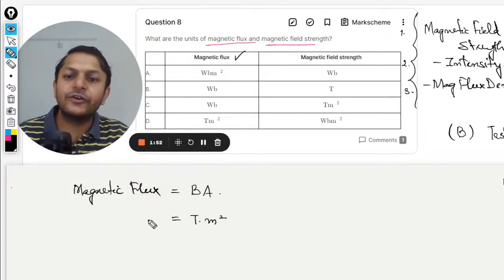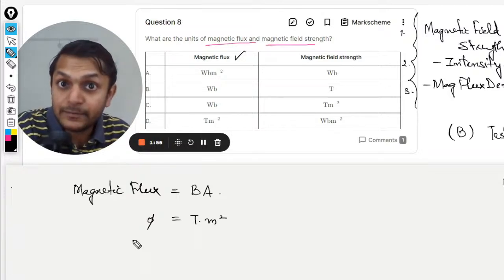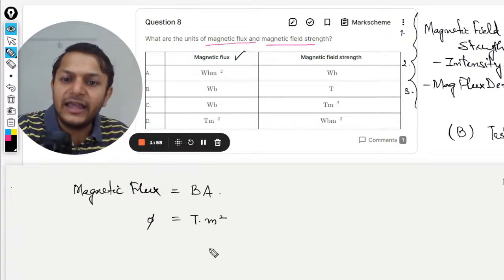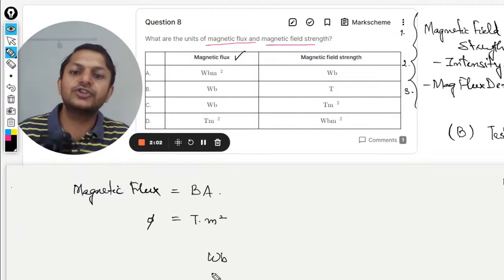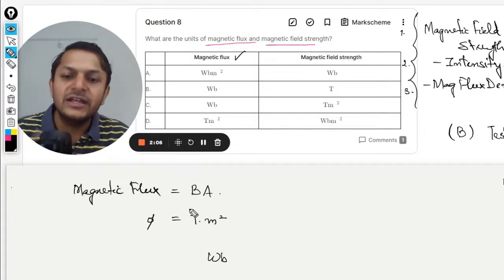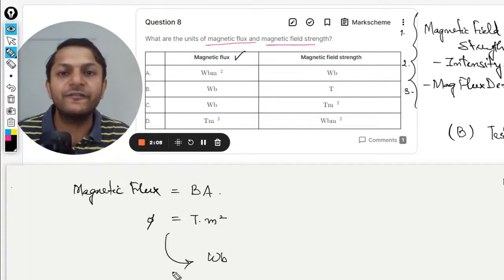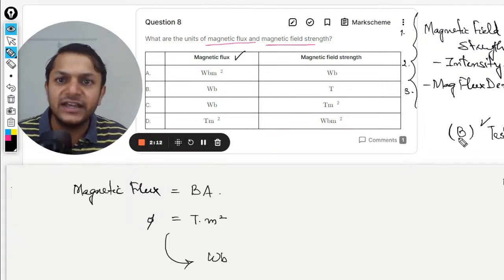So the SI unit for the magnetic flux will be Tesla meter square, which again is given a new name. There is a scientist known as Weber. So just out of respect, they started calling this thing Weber. Okay, and the unit for the magnetic field intensity is Tesla.